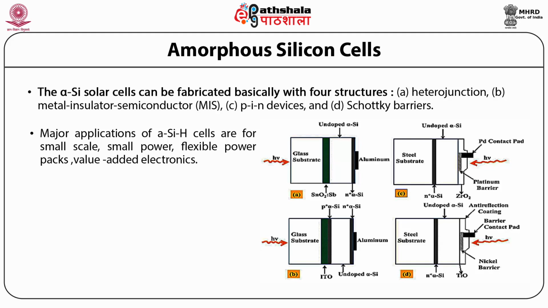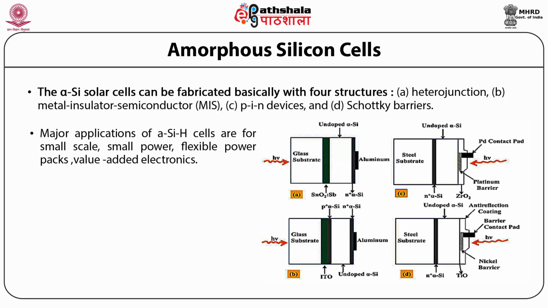The Schottky barrier alpha-SiH solar cells can also be fabricated easily, with a thin layer of p-doped N plus alpha-Si on a stainless steel structure, then a layer of undoped alpha-SiH, then a Schottky barrier metal, then a palladium contact pad on one edge of the platinum layer, and finally a thick layer of zirconium oxide as an anti-reflective coating.